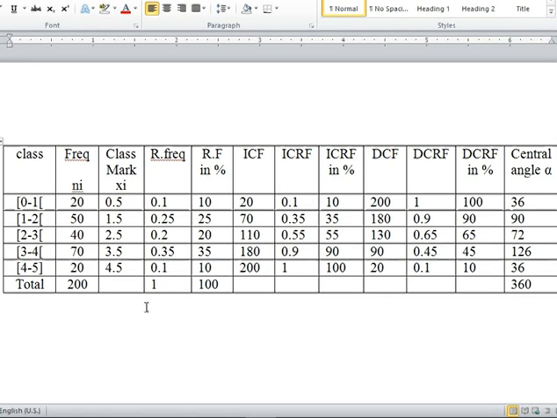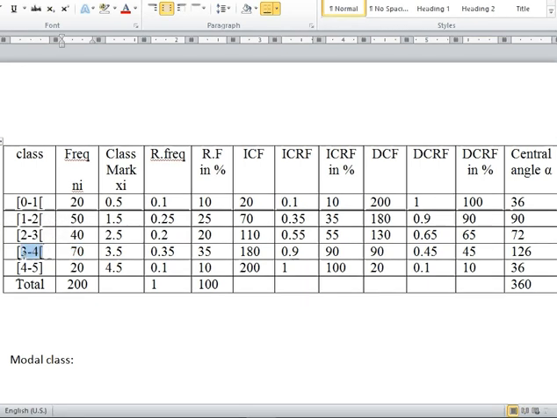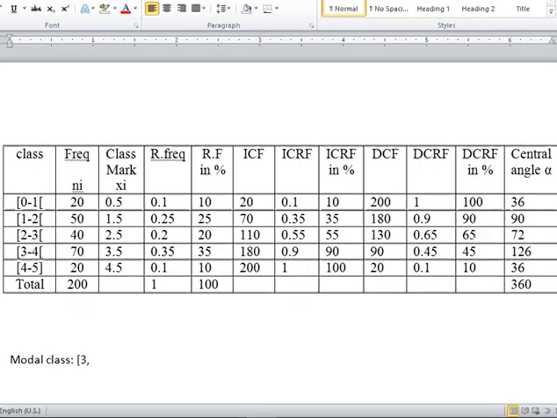To find the mode algebraically, first of all, you find the modal class. The modal class is the class with the highest frequency. So you look at the frequency column. The highest frequency was 70, so the modal class is 3-4.